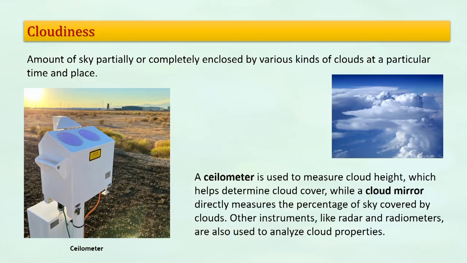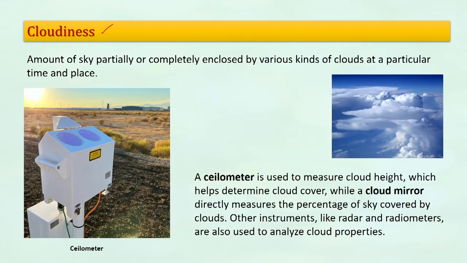Next important parameter affecting weather condition is cloudiness, cloud cover. There is a traditional instrument to measure cloud cover called the cloud mirror. The cloud mirror generally will be a transparent glass. The glass will have 8 divisions like this.